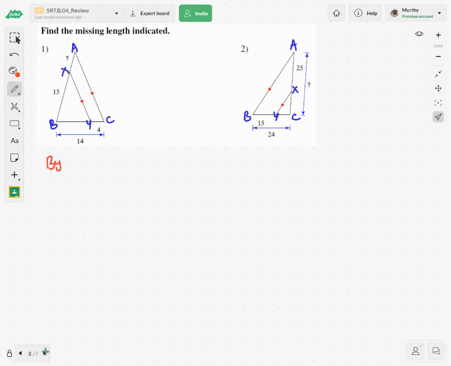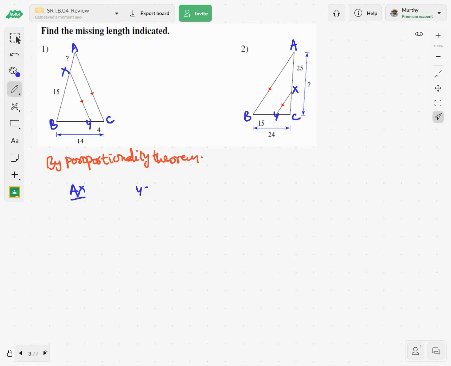So while setting up the ratio by proportionality theorem, this part is AX. If I am taking that one as the numerator, the corresponding value I have to take as the numerator, which is YC.